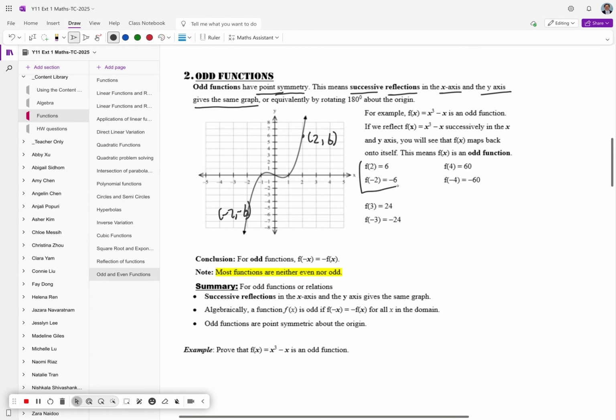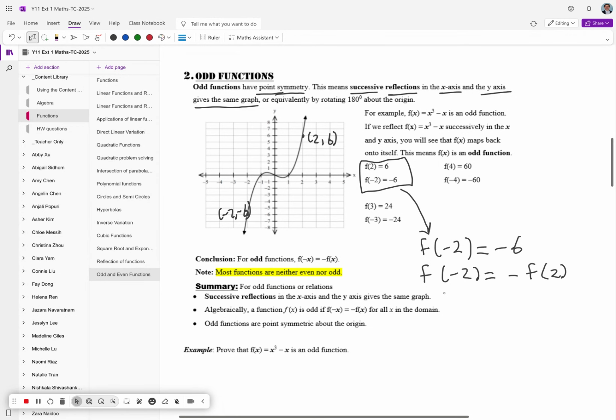And if you look at that particular property there, we can say, so let's just put a little arrow down here, f of minus 2 equals minus 6 for this pair. Now, from that, I could say, well, 6 is just f of 2, isn't it?